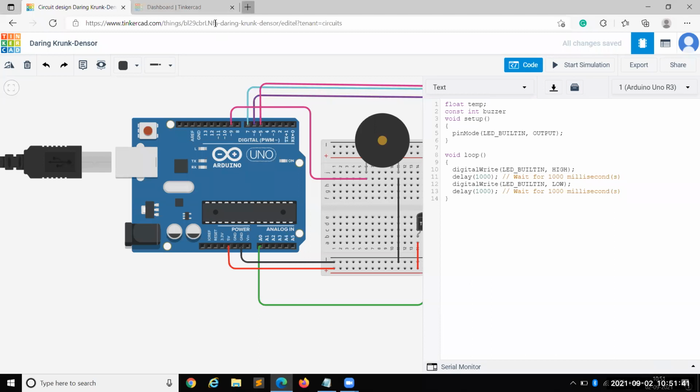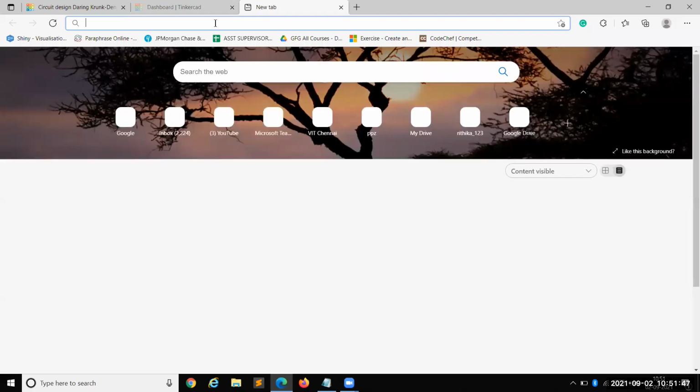Okay, so the thing is my keyboard has some issues, so I have to copy paste something. Just wait one second.